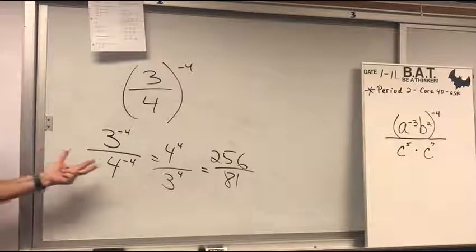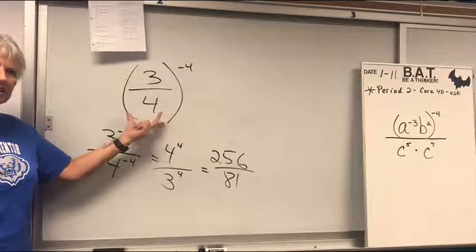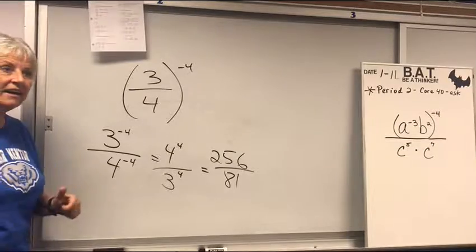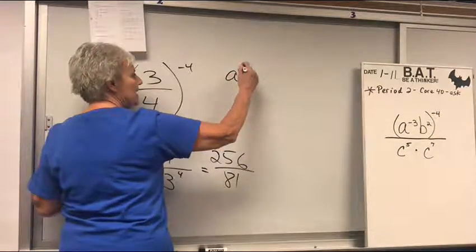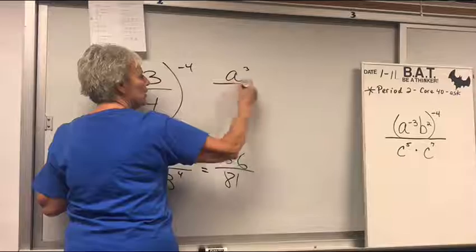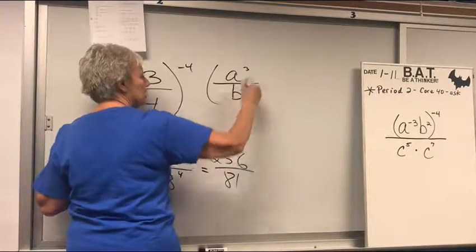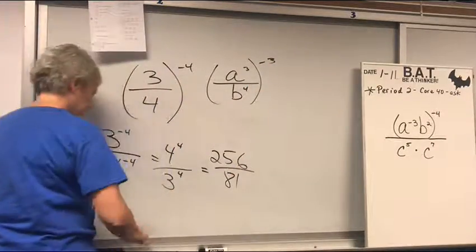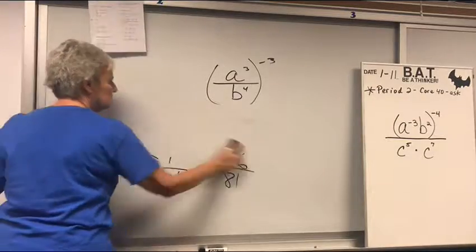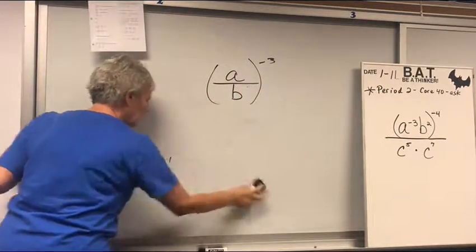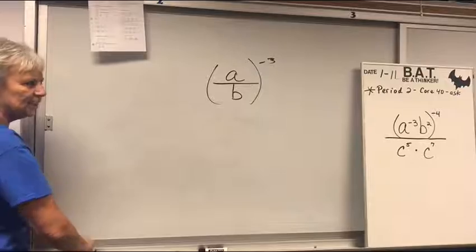So what you can do when you have a fraction is flip it right away. If I have a to the third over b to the fourth to a negative. Let's just make it like that. Okay. No exponents to deal with, no parentheses to get rid of.